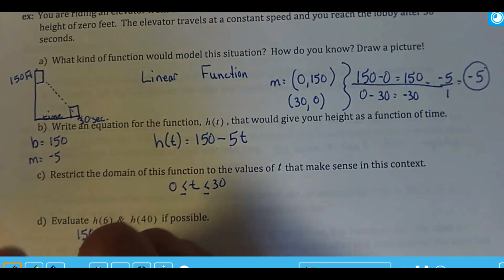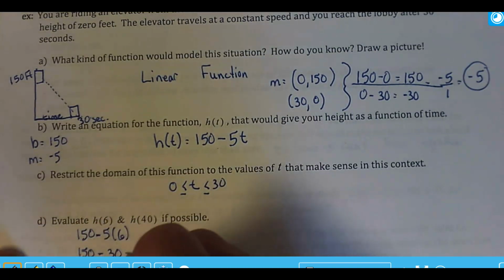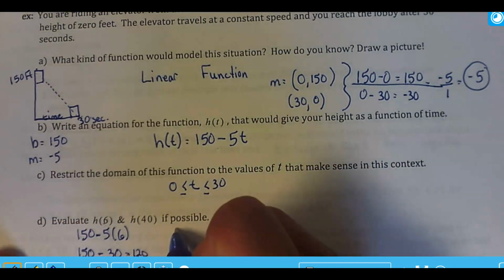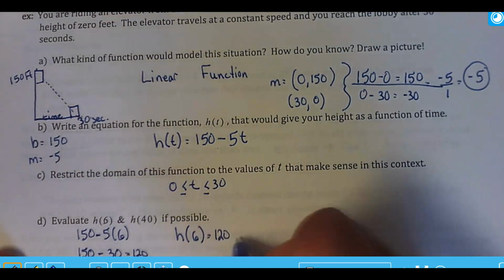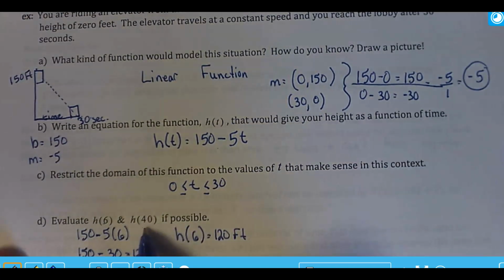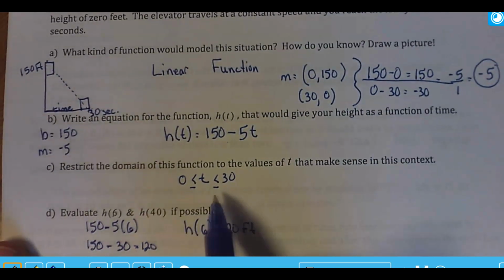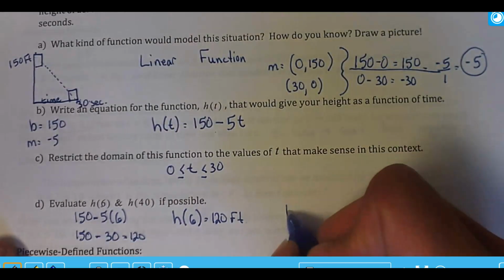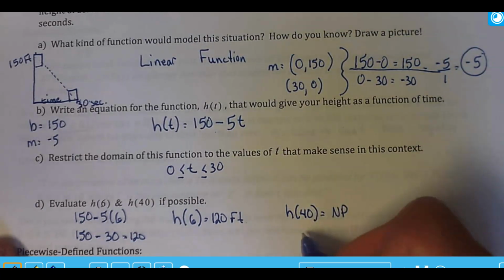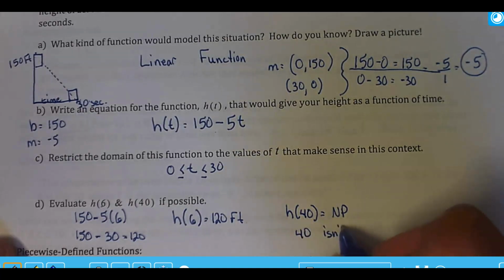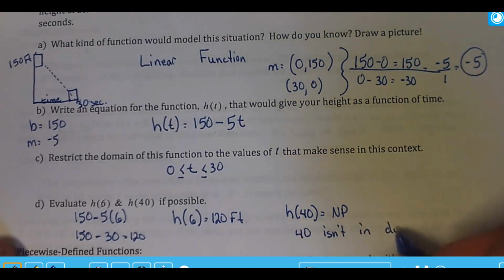So I'm going to have 150 minus 30, and that gives me 120. So my height after 6 seconds is 120 feet. Now the 40 we won't do because that is not in my domain restriction. So we're going to say h of 40 is not possible, and it's because 40 isn't in your domain restriction.